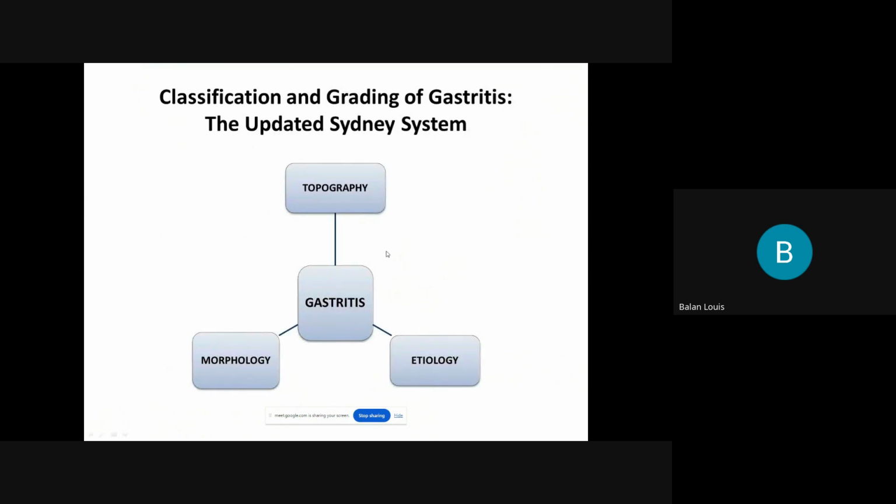The commonly used system for gastritis is the Sydney system, the updated Sydney system. In this Sydney system, gastritis usually has to be reported depending upon the topography, the morphology, and the etiology. You give a diagnosis. So what is the type of gastritis? Classify it into non-atrophic or atrophic.